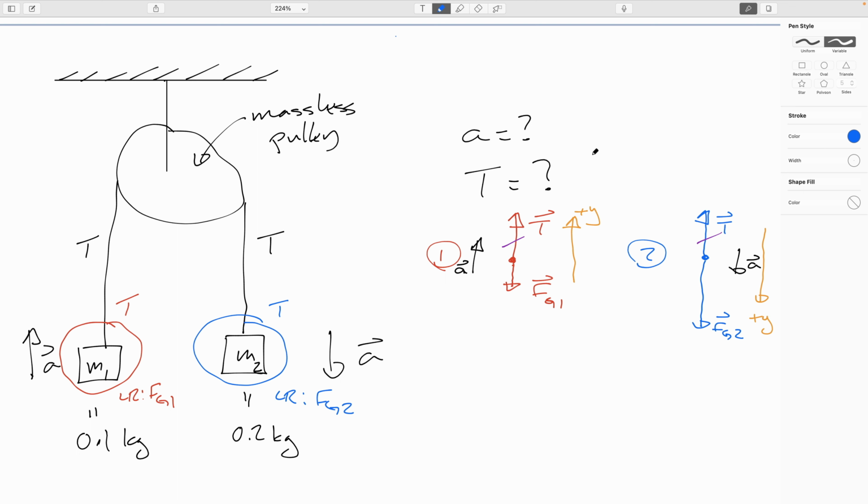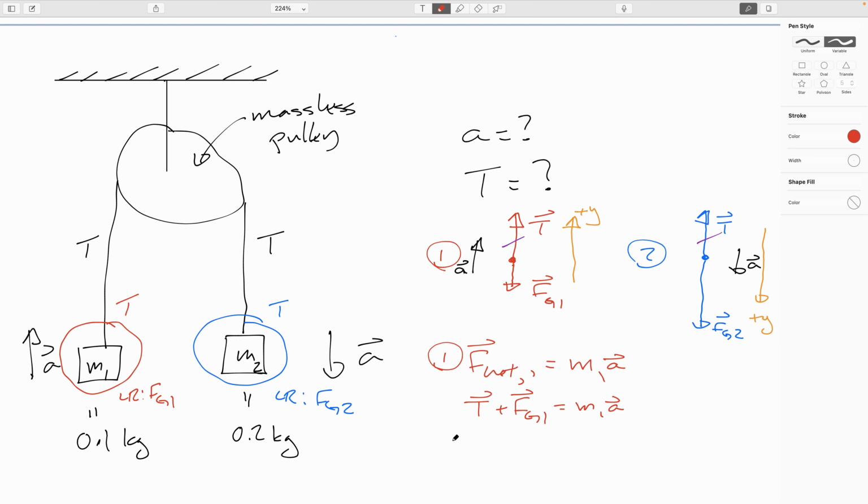So with that, let's go ahead and write down Newton's second law for each of our systems individually. So for system number 1, the net force on object 1 will be equal to its mass, m1, times its acceleration. So this will be T plus Fg1 equals m1a, like so.